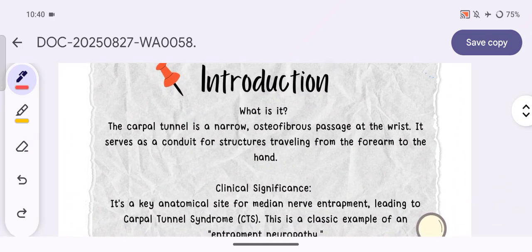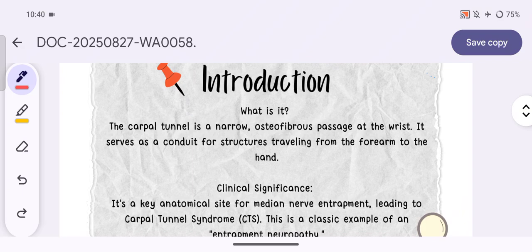Now introduction. Let us introduce the carpal tunnel. First of all, what is the carpal tunnel? You have to know first. The carpal tunnel is a narrow osteofibrous passage at the wrist. It serves as a conduit for structures traveling from the forearm to the hand.